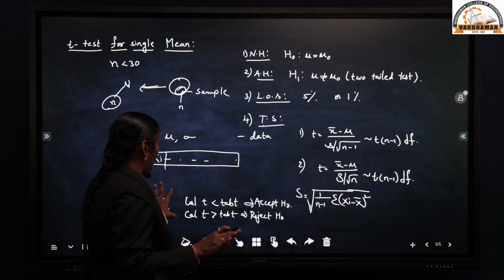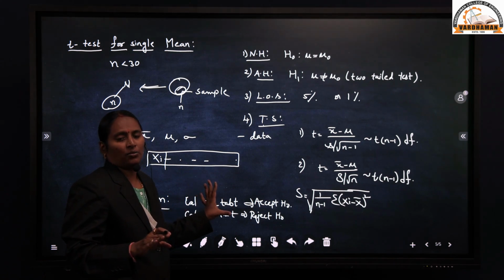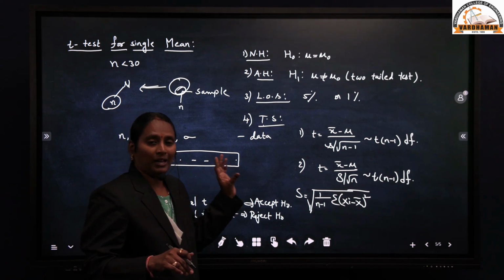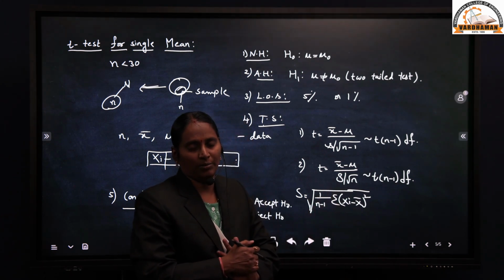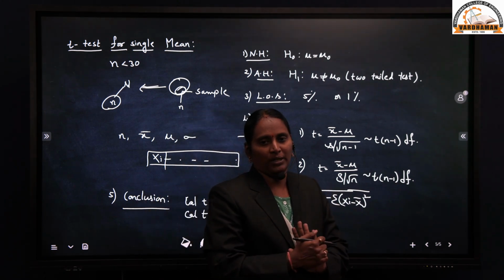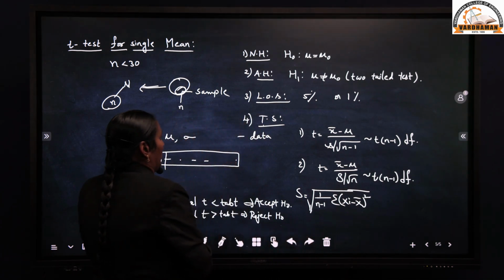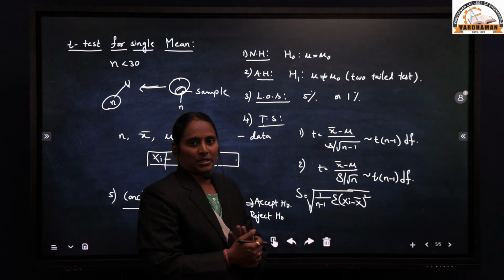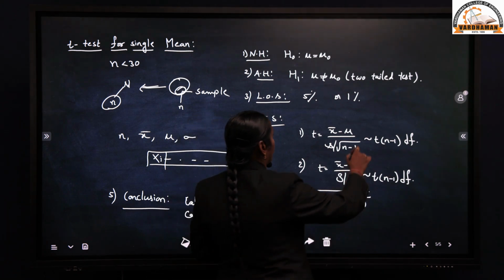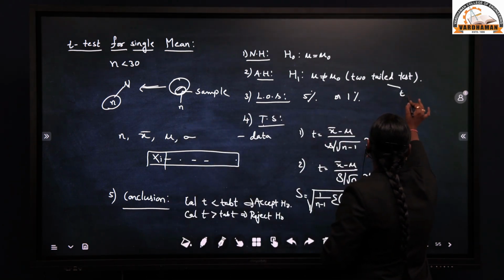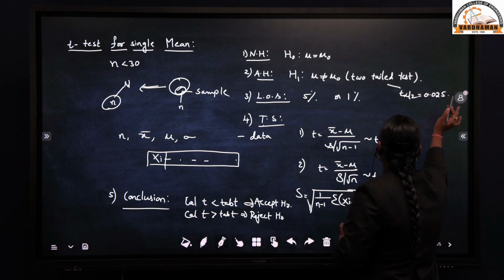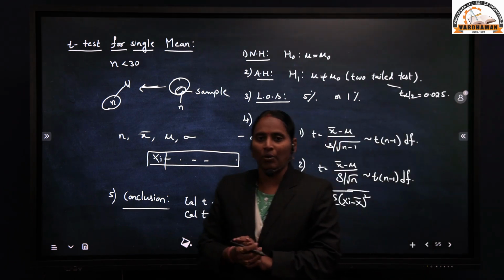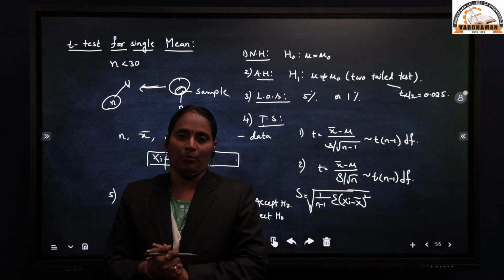To make a conclusion, we choose the level of significance, and the alpha level is different in the t-test for single mean; it is not like the large sample test. If the test is a two-tail test, it follows t alpha by 2, which is 0.025, based on the alternative hypothesis.